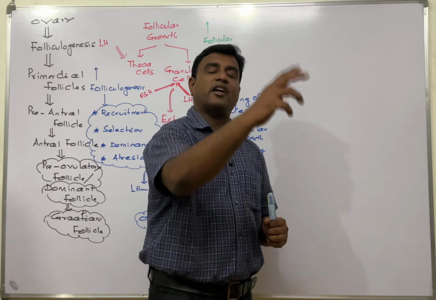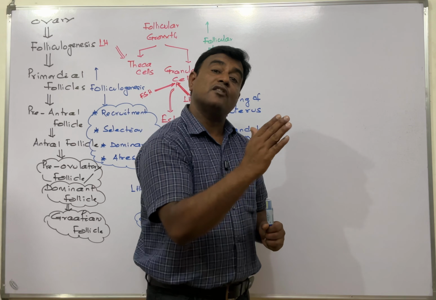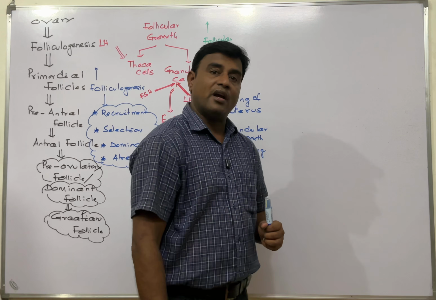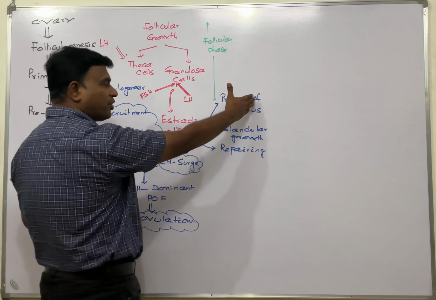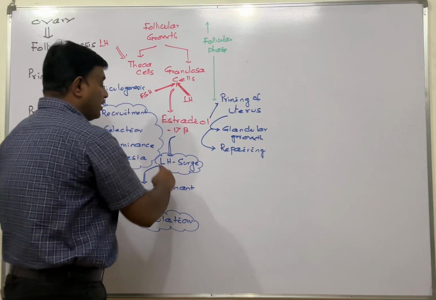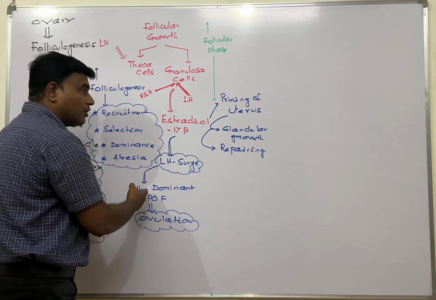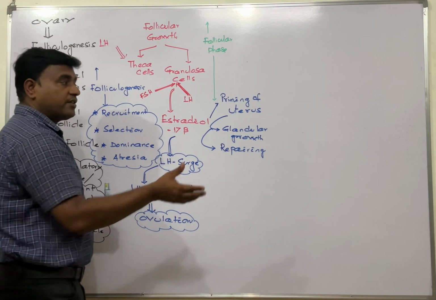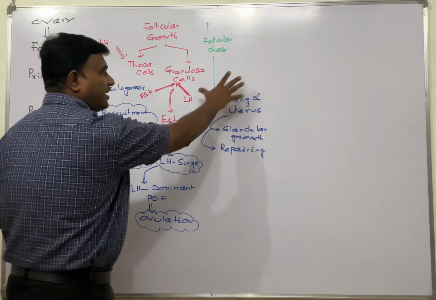A crosstalk mechanism will start between the embryo, then fetus, with the mother. So that's why this priming is important, and this priming of the uterus is being mediated by this estradiol. No doubt, it is causing the central axis to get activated for the LH surge, but simultaneously, it is acting on the endometrium. And that makes the uterus get ready.